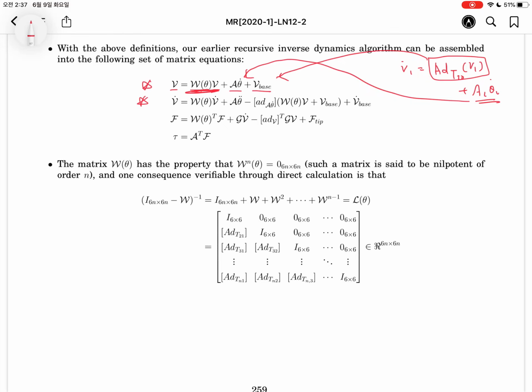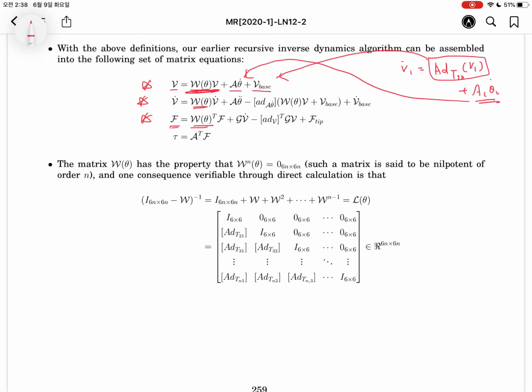Maybe V dot will be obtained in a similar form. W is required to denote the adjoint map from the previous link. Okay, the remaining terms are the same. And the backward iteration can be stacked in the F vector, the stacked vector, using W transpose, because the adjoint map transpose is required.